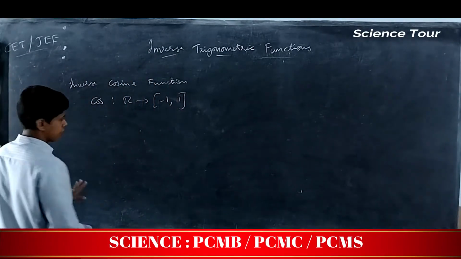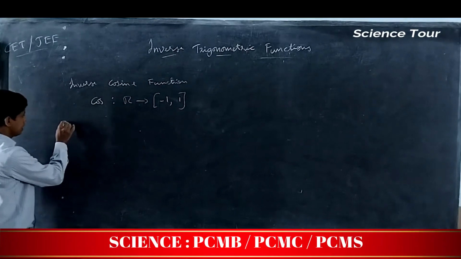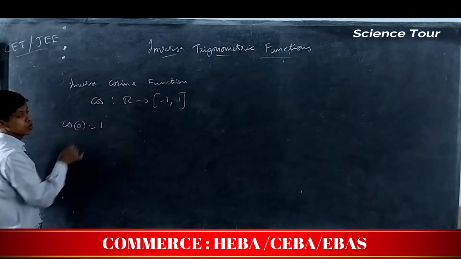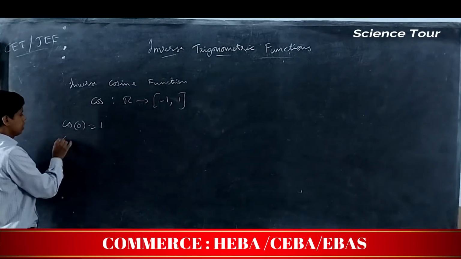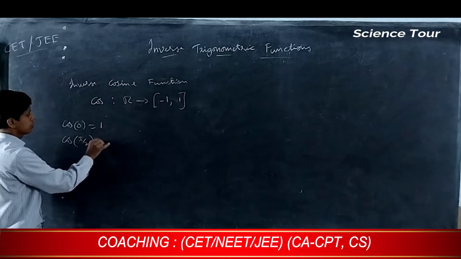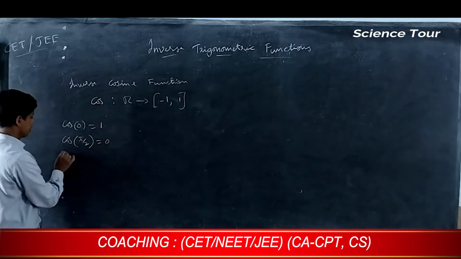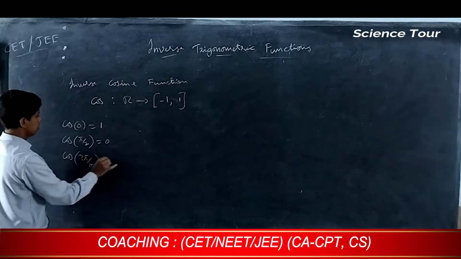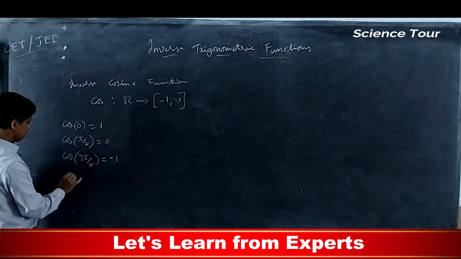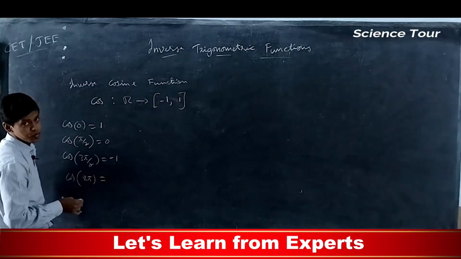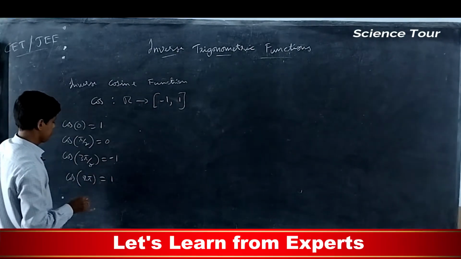Because of its graph. All right, so understand, what about cos 0? Cos 0 is 1. And what about cos 90? Cos 90 is 0. And then cos 3 pi by 2 is minus 1, and then cos 360 is 1 again.